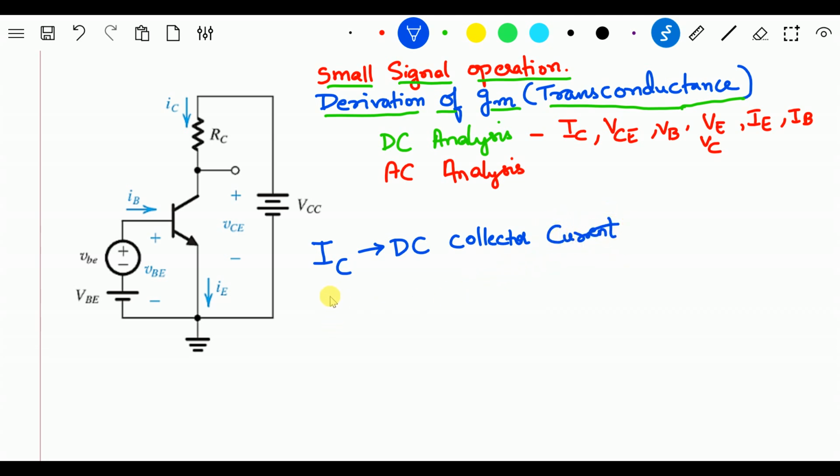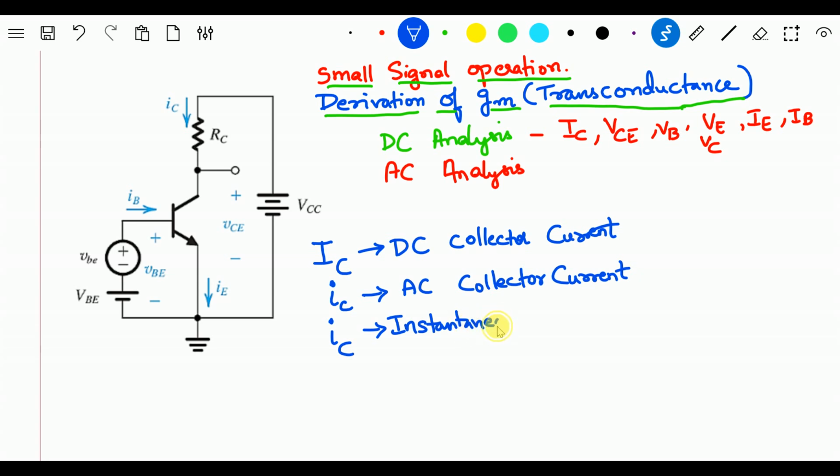Now, if you see a small i with small c, this would be an AC collector current. If you see a small i with a capital C, then this is called the instantaneous collector current.